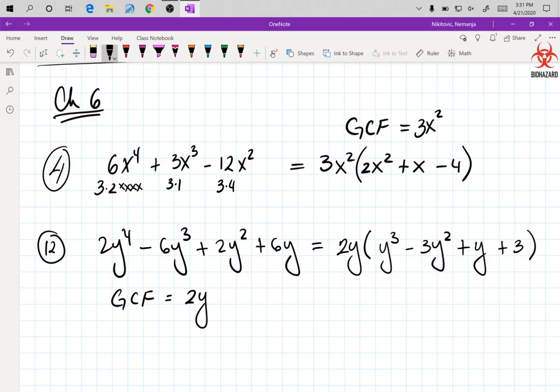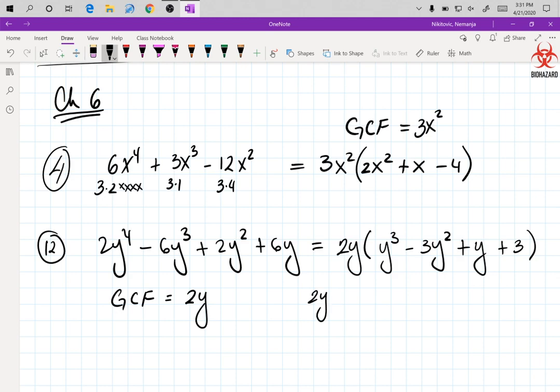So we factor the GCF, and now this is what we have. So now I'm going to apply factoring by grouping here.